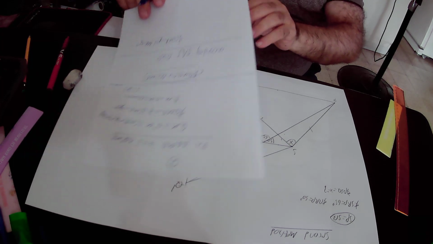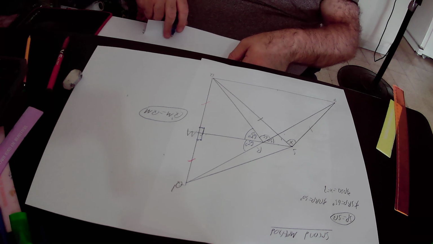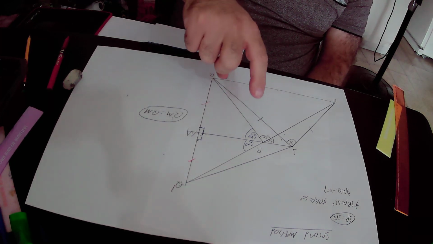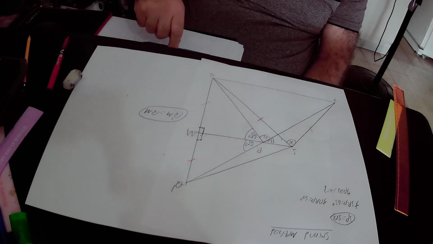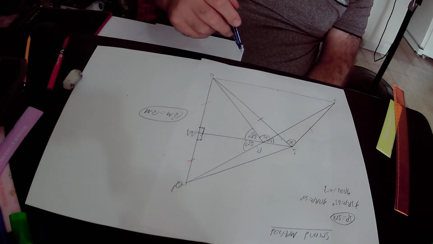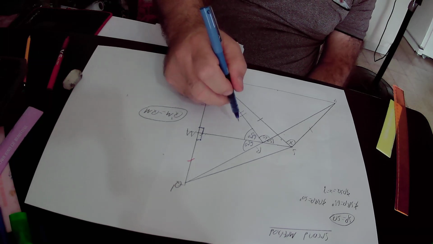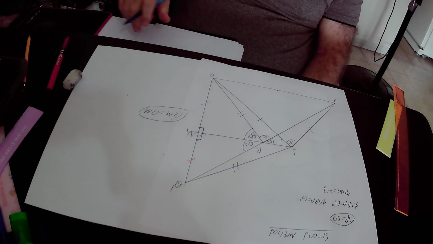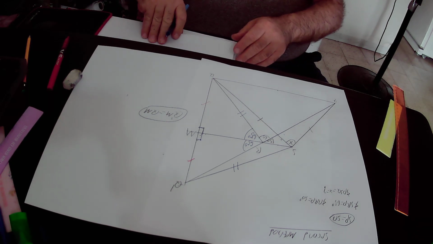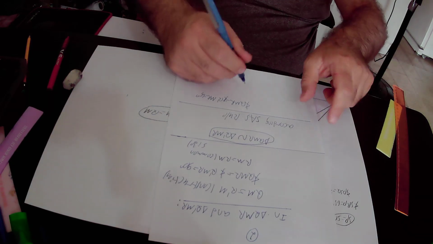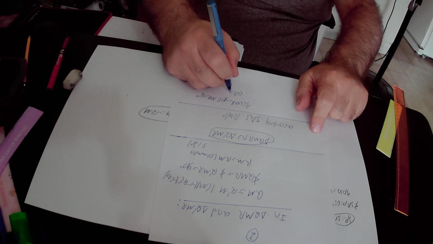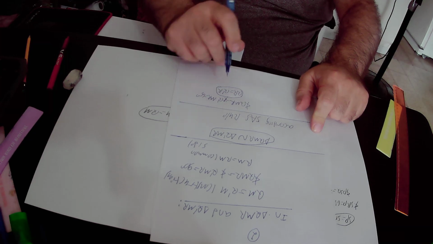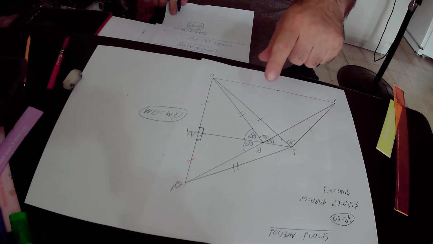And the other thing that we can conclude is that QR equals Q dash R. Again, QR equals Q dash R according to the rule that corresponding sides in congruent triangles are equal to each other.